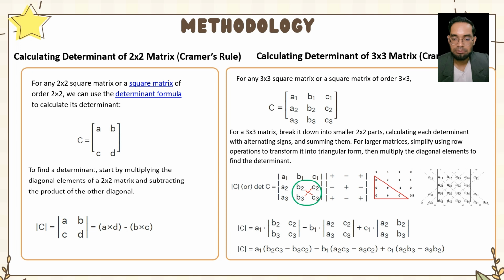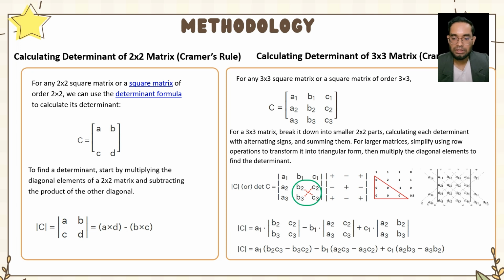To find the determinant of the 2 times 2 matrix, start by multiplying the diagonal elements and subtracting the product of the other diagonal. The slide labels this as Cramer's rule.